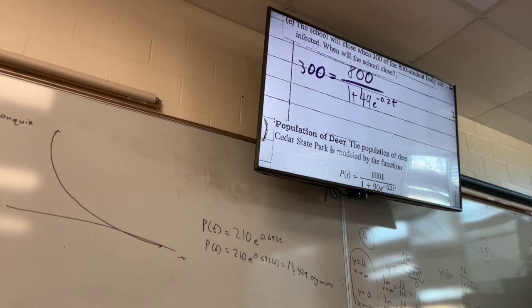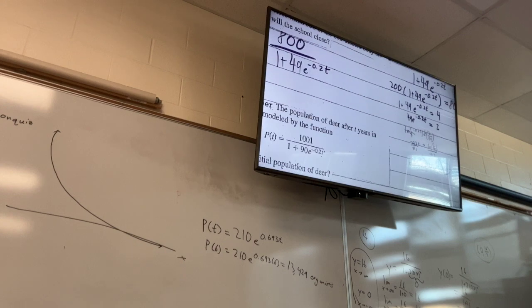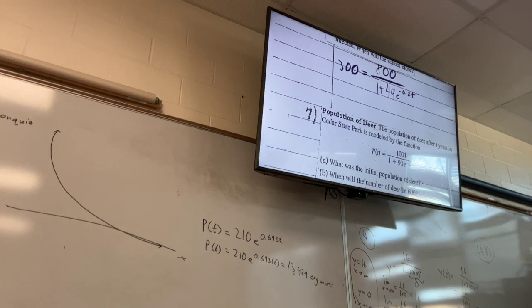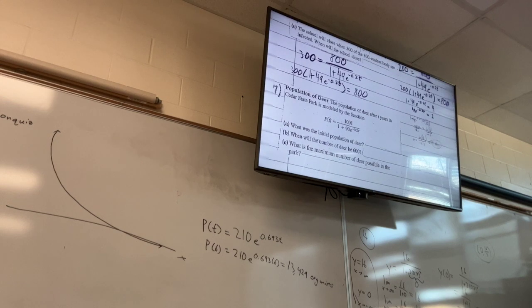Okay, so same deal. So 300 times 1 plus 49 e to the negative 0.2 t equals 800, or 1 plus 49 e to the negative 0.2 t equals 8/3, right?